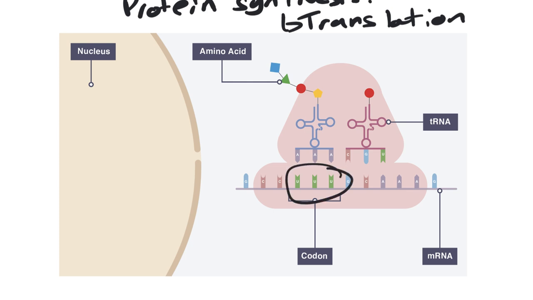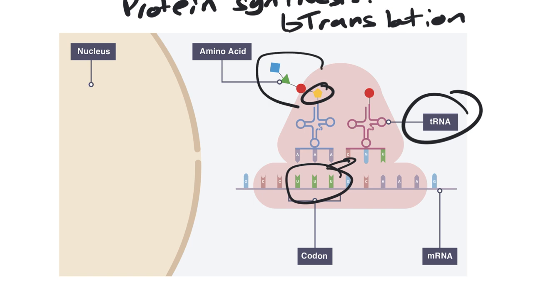It doesn't overlap, so it will read three, then move on to the next one. In the ribosome, the mRNA meets a molecule called tRNA, which is basically an anticodon with an amino acid attached to it. The tRNA reads the triplets, the codons, and brings amino acids into place. Those amino acids then join together to make your protein.